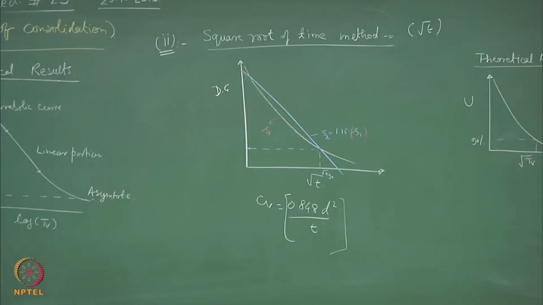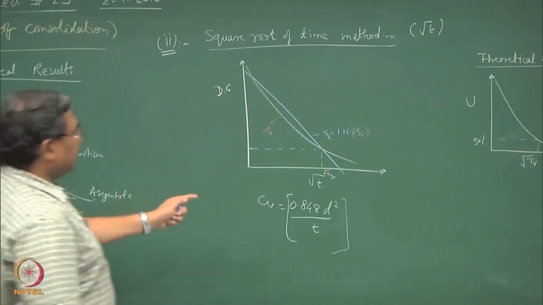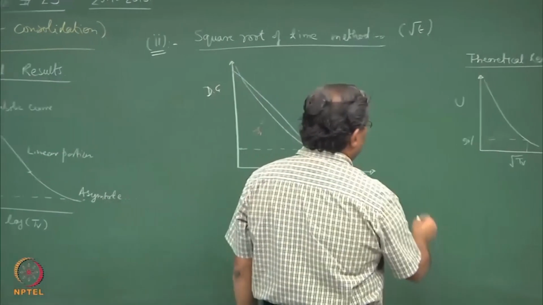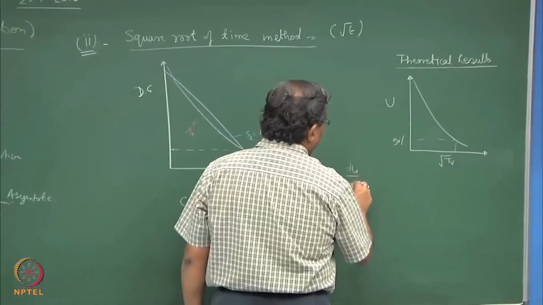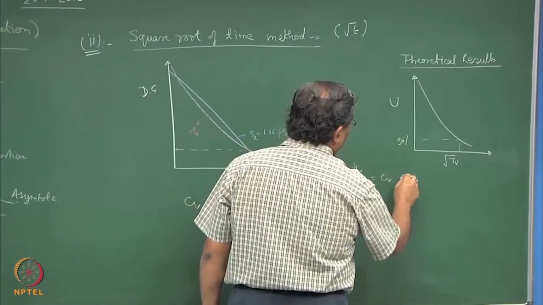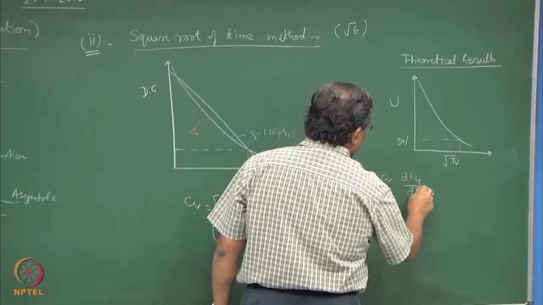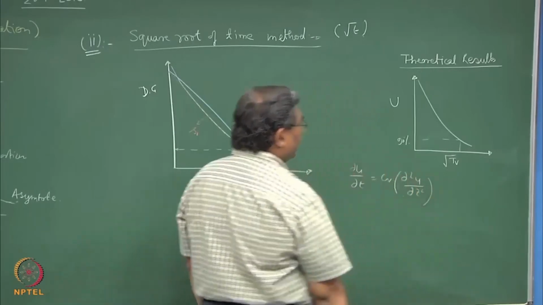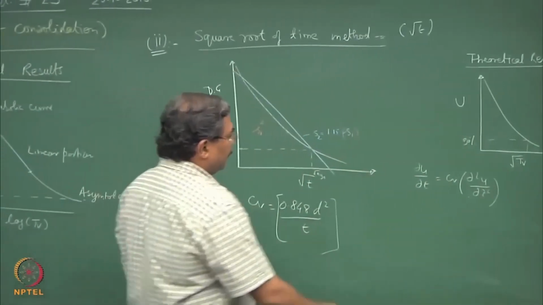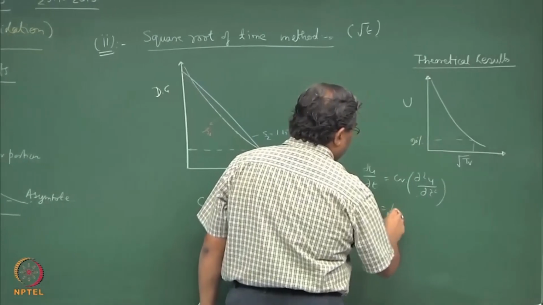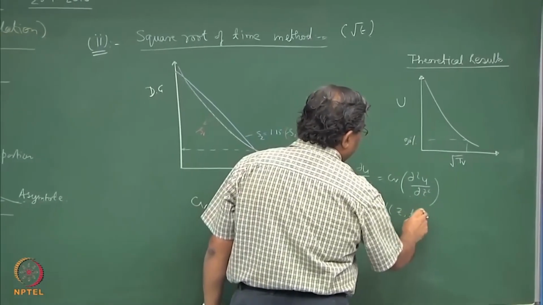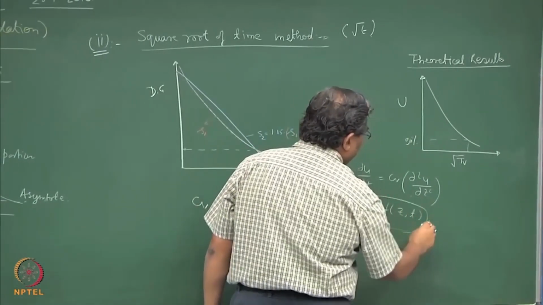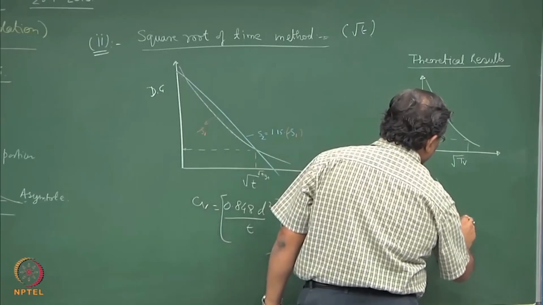So, these are the two methods from where you can get CV value. Once you have obtained CV value, you can substitute it in the equation and you can solve this function u as a function of z and t by keeping in view the proper boundary conditions.